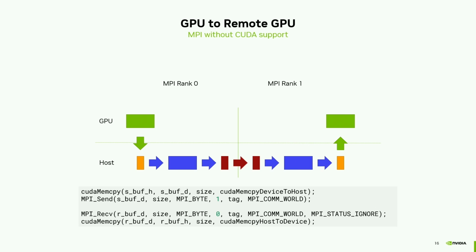So to contrast that, what would you need to do if you don't have a CUDA-aware MPI? Then you first need to call a cudaMemcpy, device to host, wait for that to finish, then you can call your CPU MPI, wait for that to finish, and then you need to call cudaMemcpy to copy host to device again.